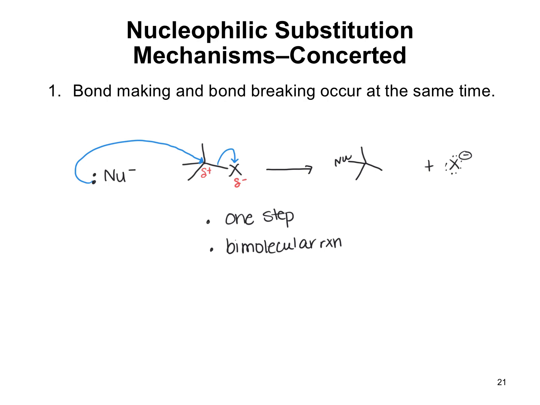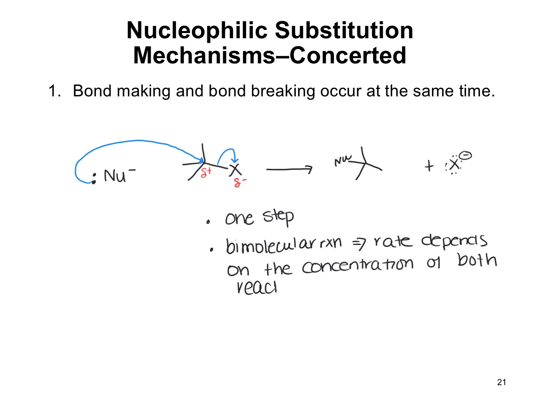So in a bimolecular reaction, what that means is that the rate depends on both, let's say, the concentration of both reactants.